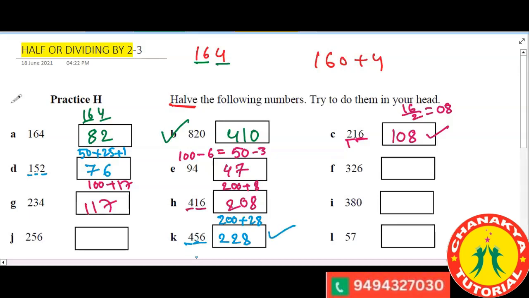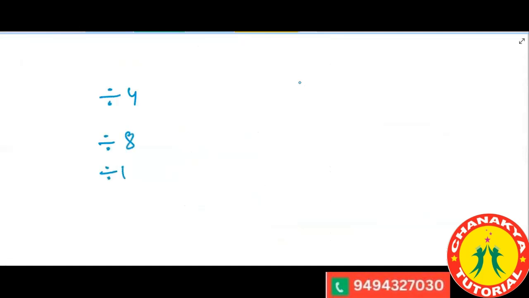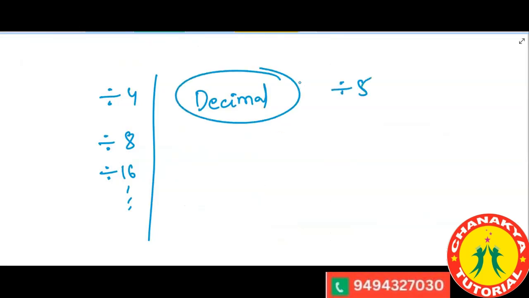And who left? Yashwant left and Shrestha also left. Okay, so tomorrow we'll see division by 4, division by 8, division by 16, and so on. This is one category. After that, we will see multiples of 2, or powers of 2, we can say. After that, we will see division by 5, division by 25, division by 50, division by 125, division by 250, division by 500.